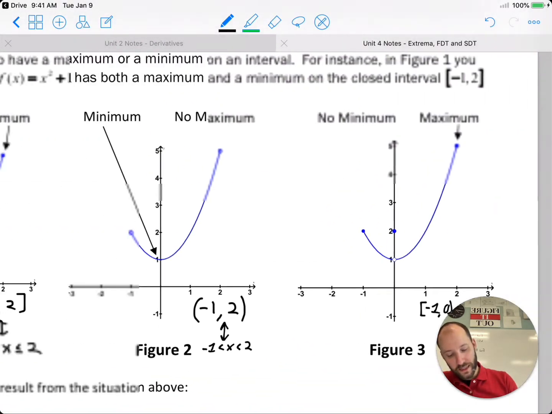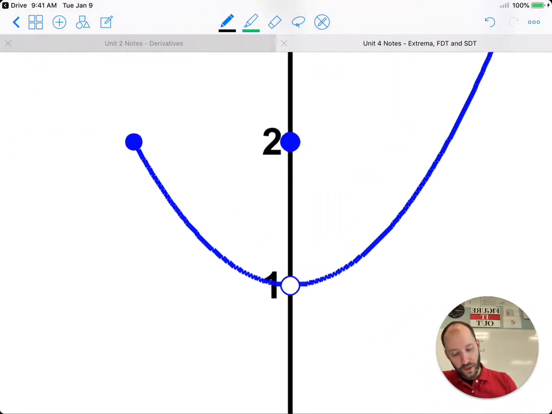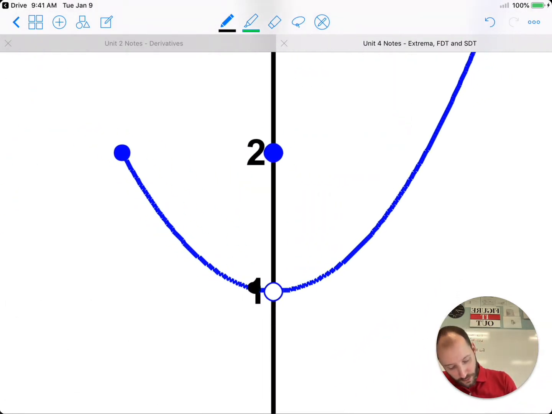And we see in example 3, there is no minimum, because the lowest point is an open circle. And you could say, well, hey, isn't this the lowest point? Well, I can go one just to the right of it, but not on the open circle.